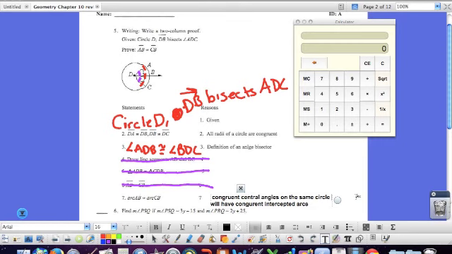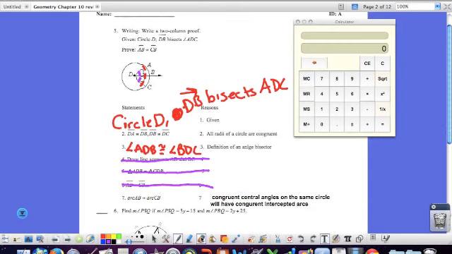As I said, I don't even need this, but sometimes on a proof, you will get extra things that you don't need. So let's say I was doing this proof and I started to say, oh, I have two sides and an angle. I think I could make congruent triangles here.